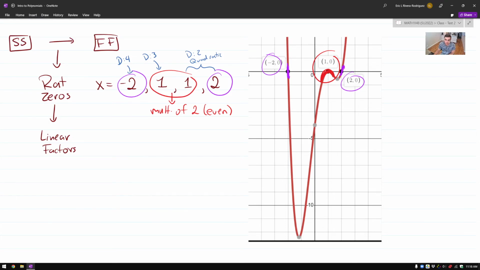From the zeros, we got the linear factors. From -2 we get x plus 2. Remember, x minus the value, so x minus -2 is x plus 2. From the repeated zero 1, we don't need to repeat, but I'm going to put it twice for a moment, and then you will see how we simplify that. And from this one, we got x minus 2.